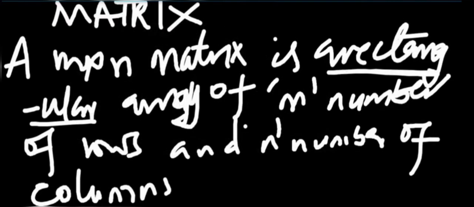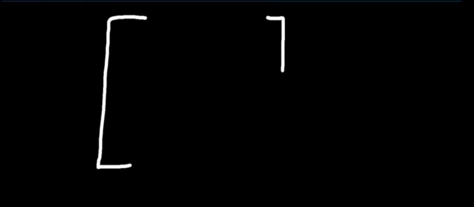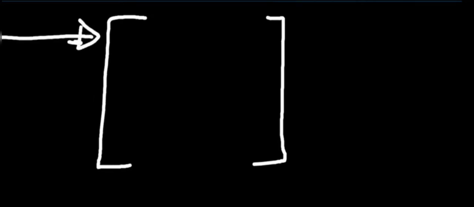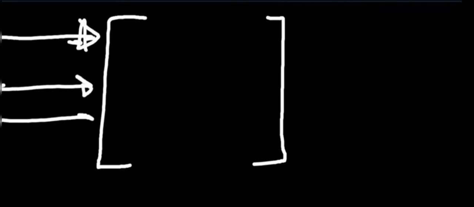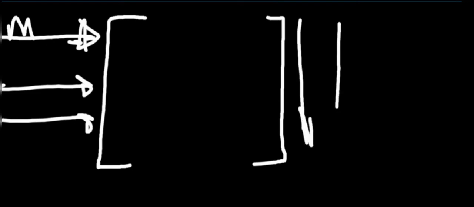So a matrix is a rectangular array of m number of rows and n number of columns. First of all, you know that it is a rectangular array. Array just means arrangement. Rows go this way, m times, and then n number of columns.